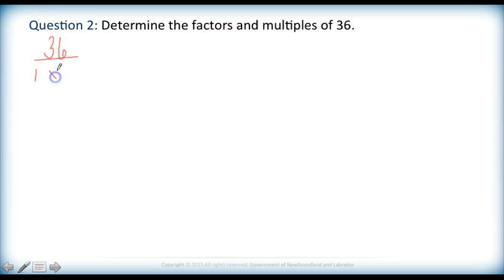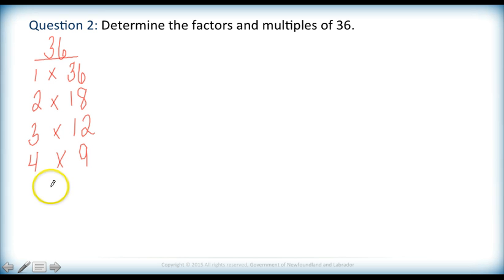We have 1 times 36, 2 times 18, 3 times 12, 4 times 9, and 6 times 6. So these are all the possible numbers that will multiply to give us 36.